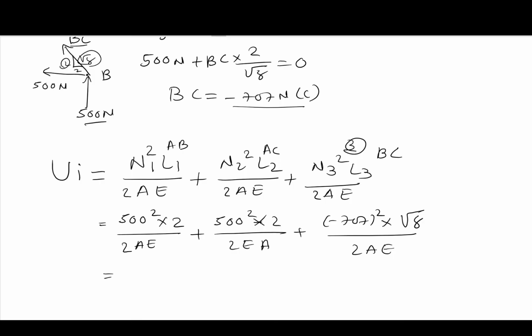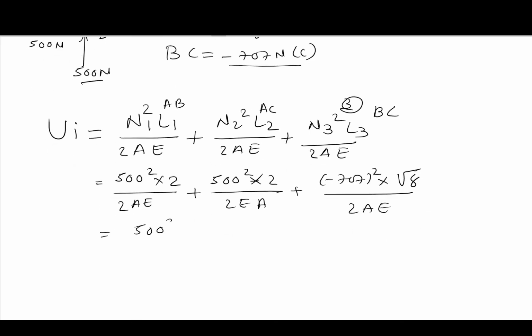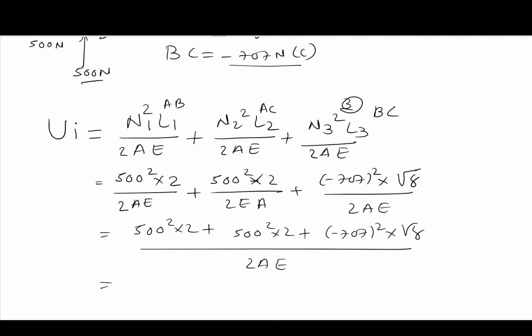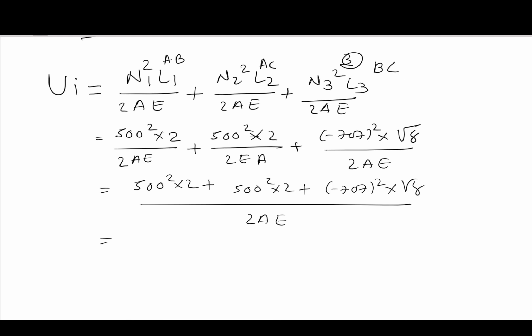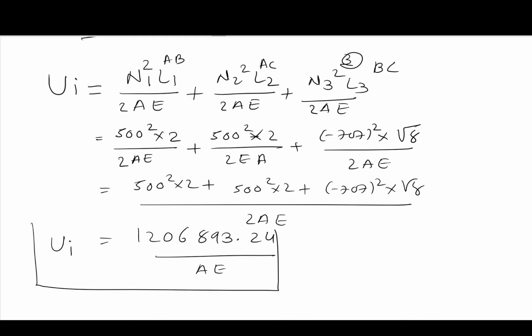If I simplify that using the calculator, 500 squared times 2 plus 500 squared times 2 plus minus 707 squared times square root 8 over AE, I get the answer 1206893.24 over AE. So that's your answer, the internal energy of the truss members.